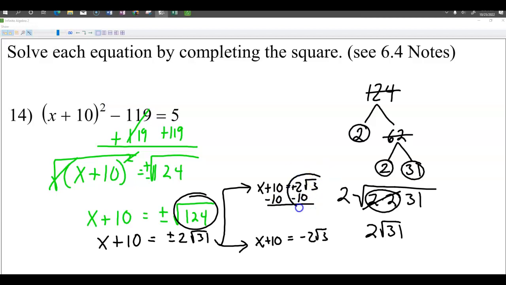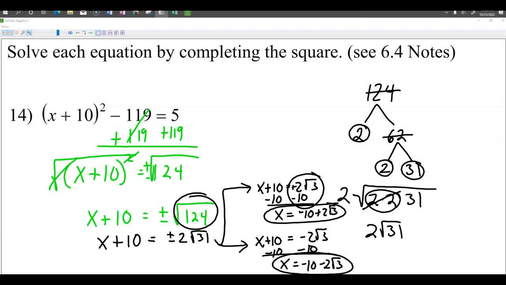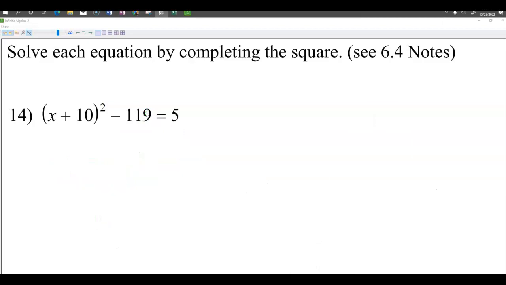Now, you can't actually combine the 10 with that 2 root 31 because that's a square root and they don't combine. So we'll just write them as 2 separate numbers. We have negative 10 plus 2 root 31 and negative 10 minus 2 root 31. And there we have it. So it's a weird answer, but that's the answer. So sometimes you don't have nice square roots. One more example like that.